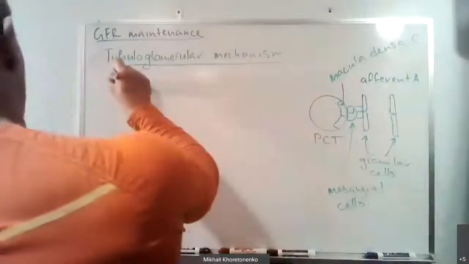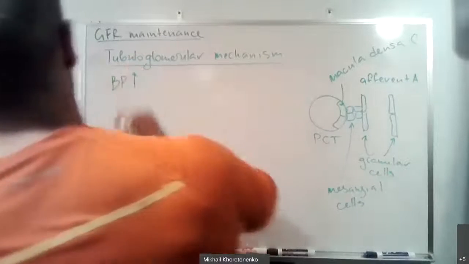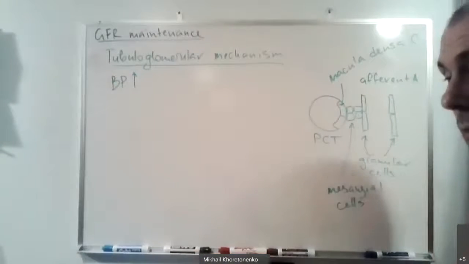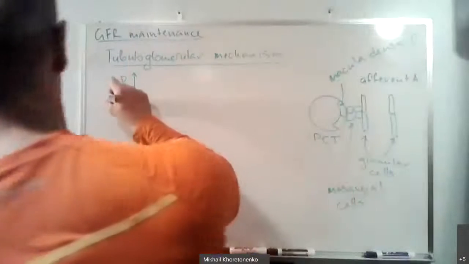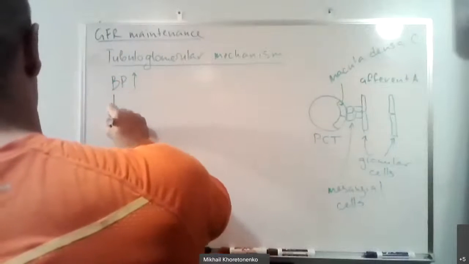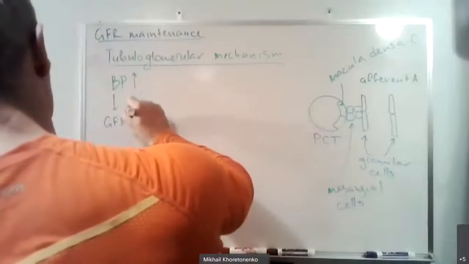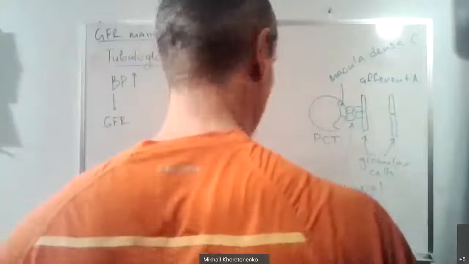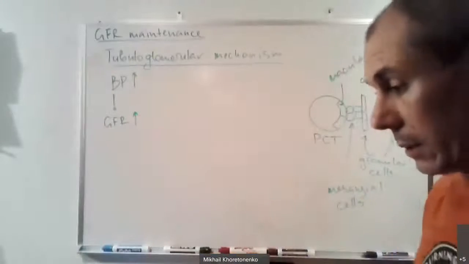I'm going to be using this image to illustrate how GFR is maintained constant when blood pressure, for example, rises. So when blood pressure goes up, GFR goes up as well. Does that make sense?